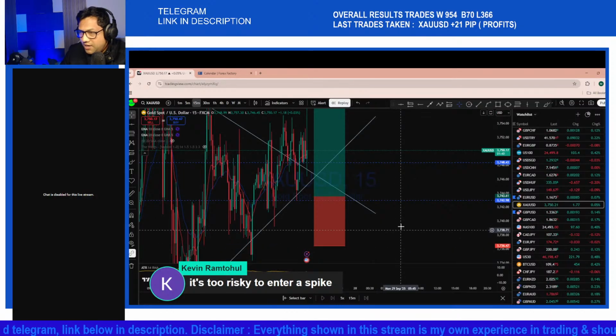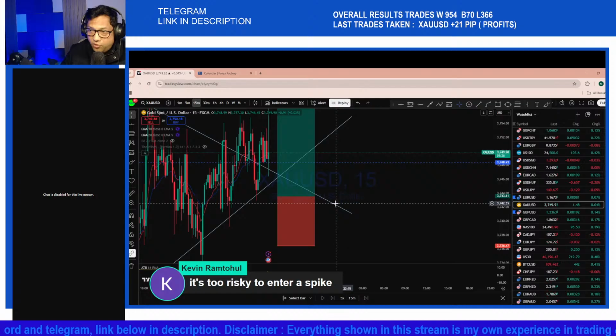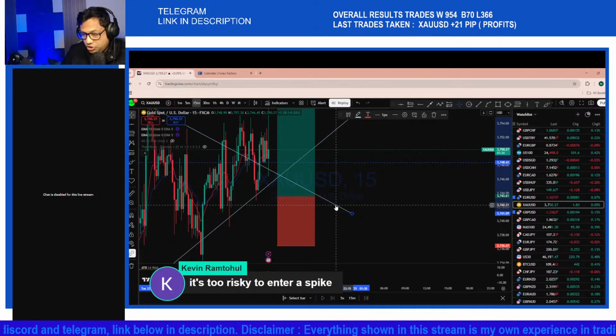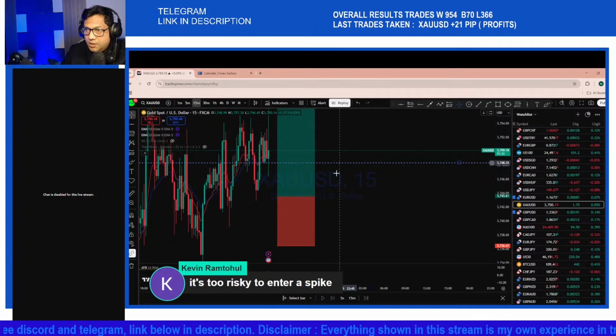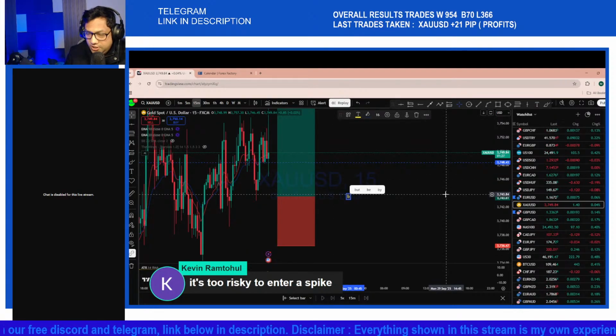So placing a buy limit here in that area for a potential drop from this session's low and potentially to reject back above. So we are looking for a buy limit on gold here.